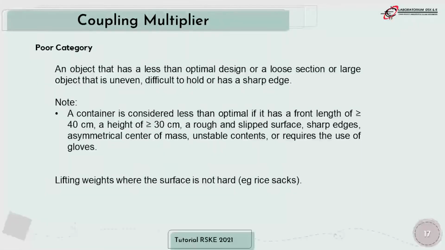For the third category, it is the poor category. This poor category is also divided into 2 points. The first is that an object is included in the poor category if it has a design that is less than optimal or difficult to handle, as explained in the note below. Then the second point is an object which has a soft or non-hard surface.